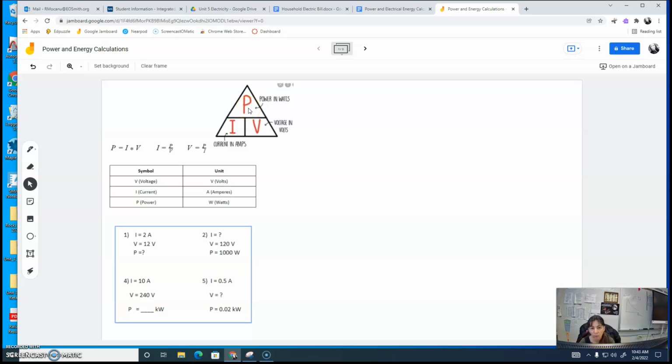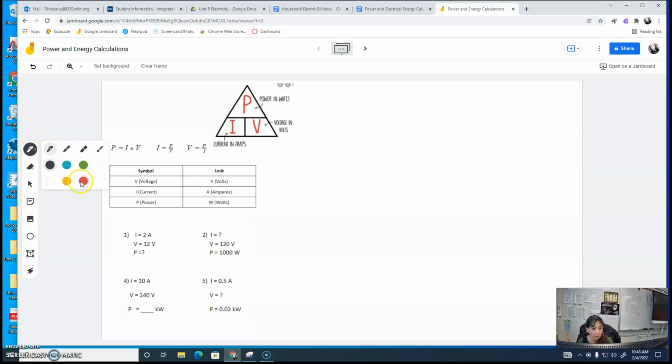Using either the triangle or the formulas right here, we can easily solve this by applying the formula power equals I times V. Current is 2 amperes times the voltage, 12 volts.